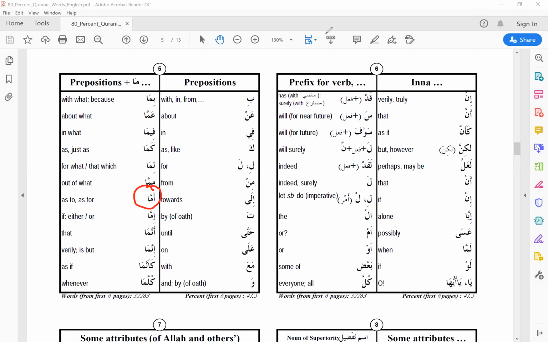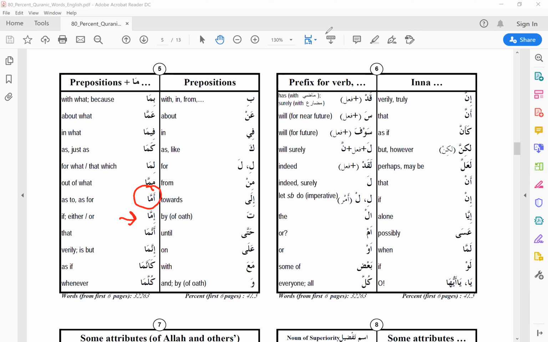Imma. Now this is usually given in times of order. So more of when you're giving an order, like an imperative. With this imperative, I'm saying imma such or such. Sometimes it's an imperative, which is most of the times, and many times imma can be where it's giving you the choice.